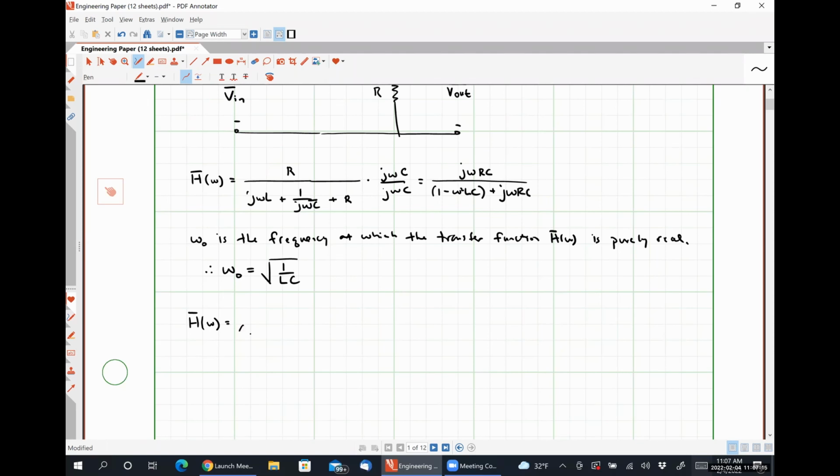So we're going to have 1 minus omega squared LC plus j omega RC in my denominator, j omega RC in my numerator, and we're going to multiply this guy by 1 minus omega squared LC minus j omega RC over that same value.